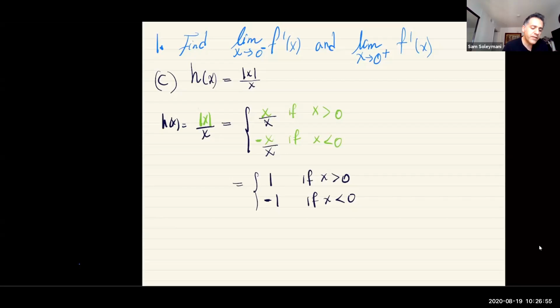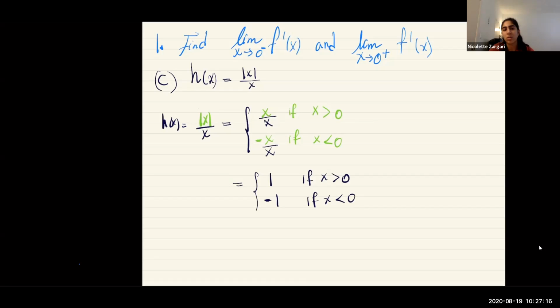The function definitely does not exist at x equal to 0. That's entirely right. The graph of the function when x is negative, and when x is positive, the graph is 1. And there's a hole here.